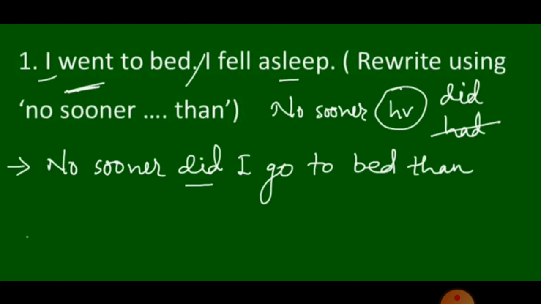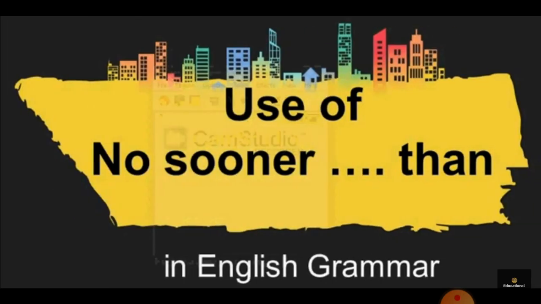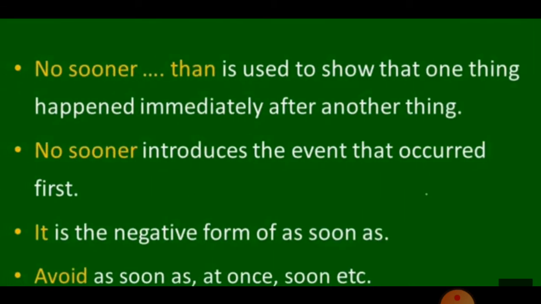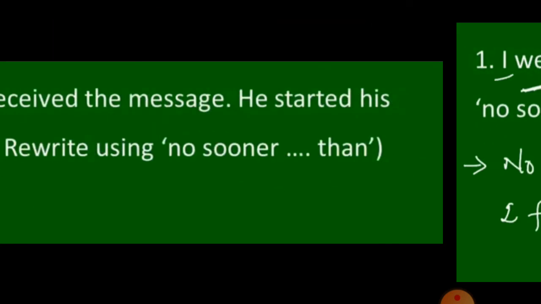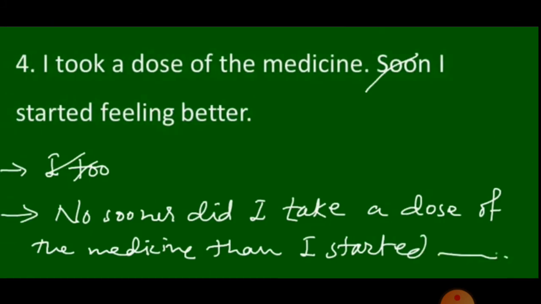Again, this is one more topic of transformation of sentences. You can put the topic as use of no sooner and then in the same way, write down the explanation and the examples with the answers.